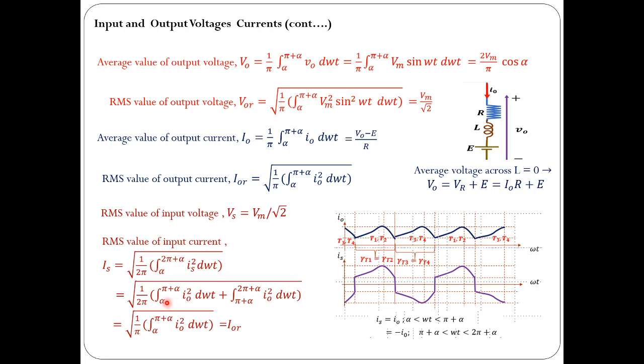So I write this entire expression as 2 into the integration of I naught square d omega t, where omega t ranges from alpha to pi plus alpha, then the 2 will cancel out. The result is 1 by pi into the integration of I naught square d omega t, where omega t ranges from alpha to pi plus alpha. This is the same as the RMS value of the output current. So the RMS value of input current is the same as the RMS value of output current.